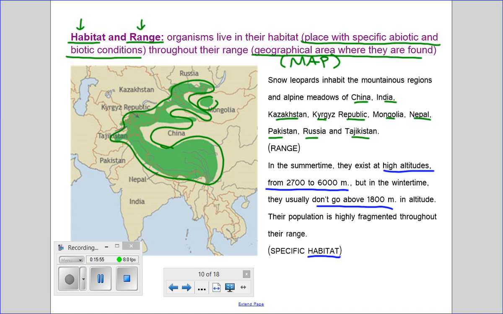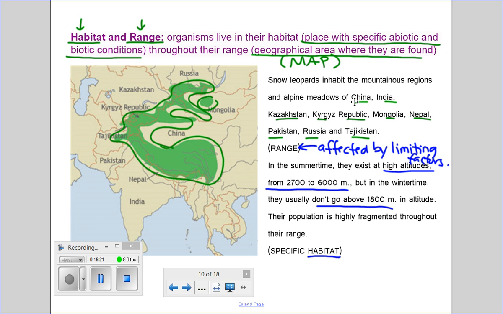Now, both of these things could be affected by biotic and abiotic factors, but usually the thing that is the most affected is their range, because the biotic and abiotic factors of their range could change.